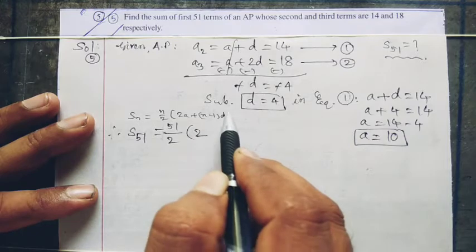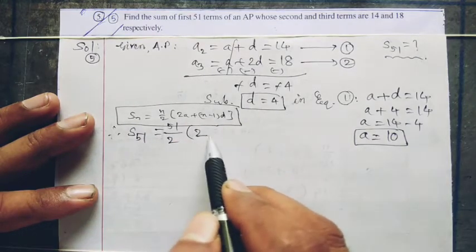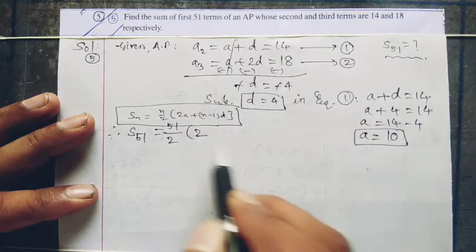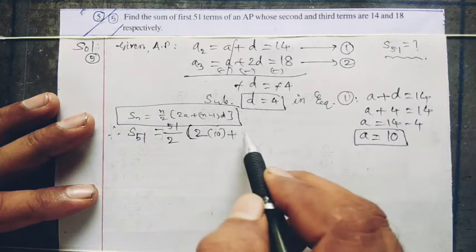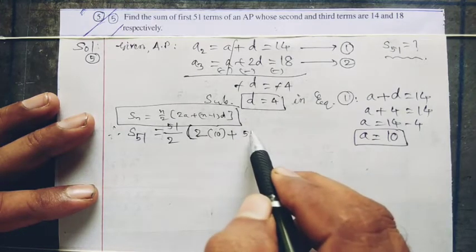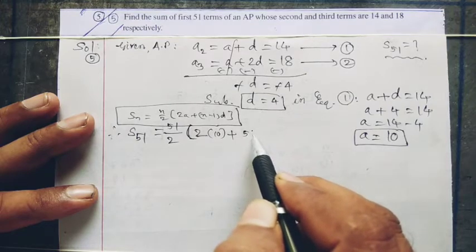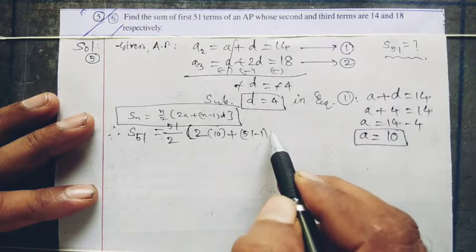This is the formula. Basing this formula, we can find 2 into a, 10, n minus 1, n is 51 terms, 51 minus 1 into d, 4.